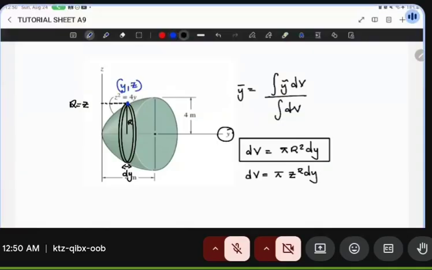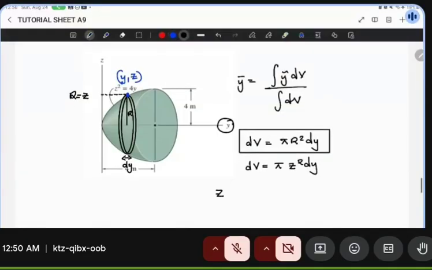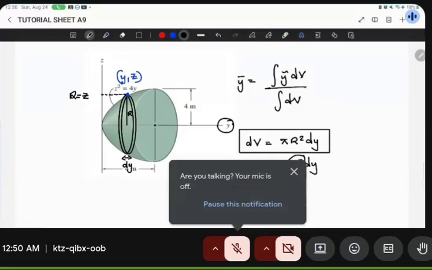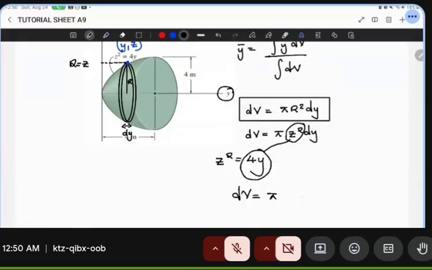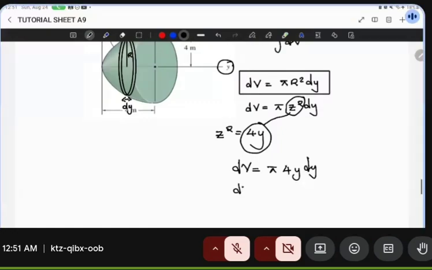From there, we see that z squared is actually just equal to 4y, meaning where we have z squared here, we can just put 4y. So our dV now will be equal to pi, where z squared is, we'll put 4y dy. So our dV simplifies to just be 4 pi y dy.